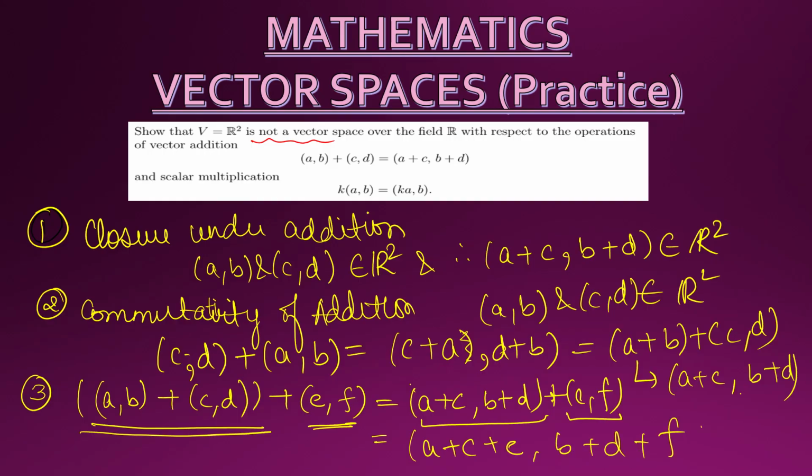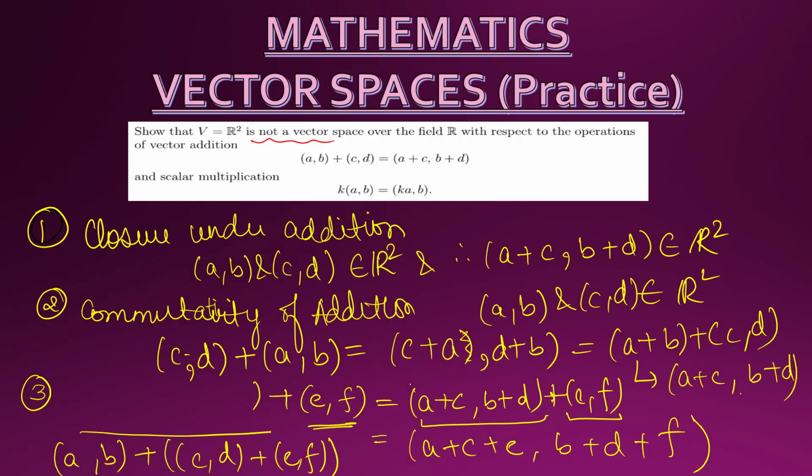Now similarly, when we say A comma B plus the bracket C comma D plus E comma F, what will we do here? Let me erase this part. I have less space on this slide.